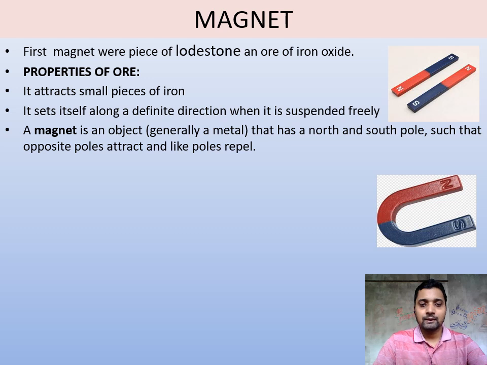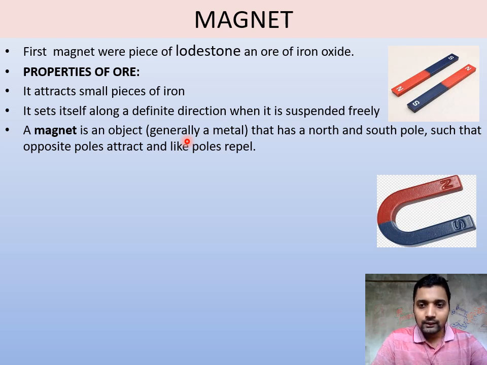Here you can see in the diagram, one side is north and one side is south, one side having blue color and one side red color. This is a bar magnet, which looks like the English alphabet I, whereas this, like the English alphabet U, is the horseshoe magnet or U-shaped magnet, where one side is north and one is south. So a magnet has two poles, north pole and south pole.